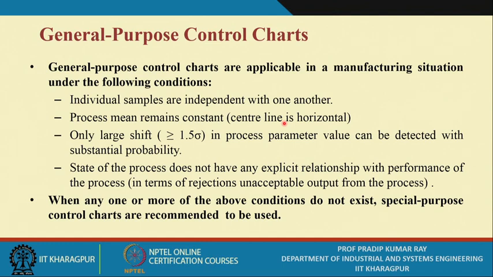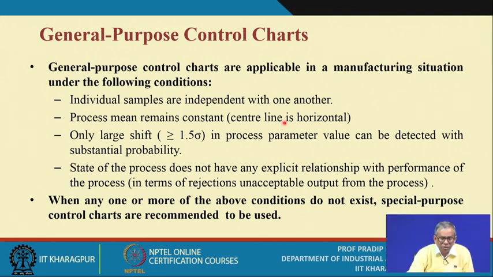That means the value you get in a particular sample in no way affects the values in the subsequent samples or the previous samples. Process mean remains constant. Center line is horizontal. This is another important assumption we make. The third one is only large shifts.